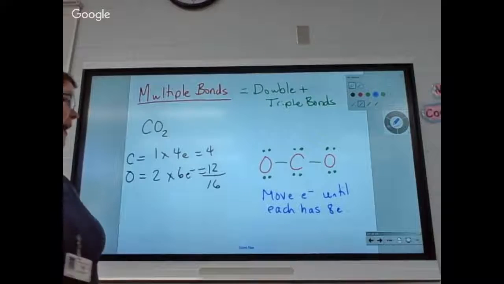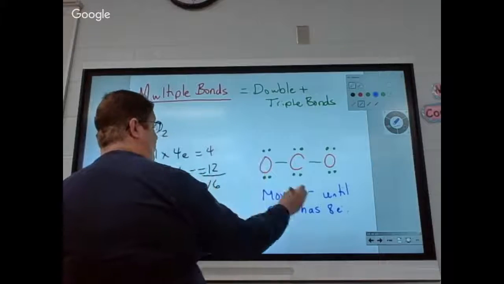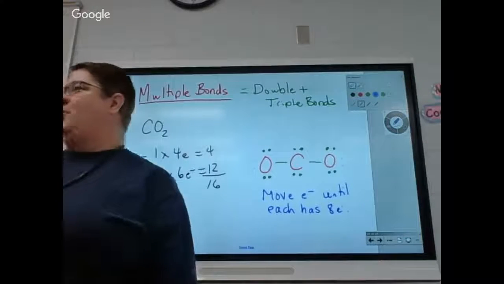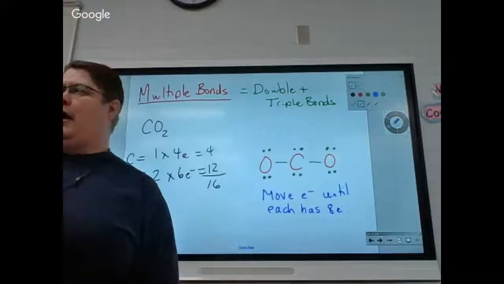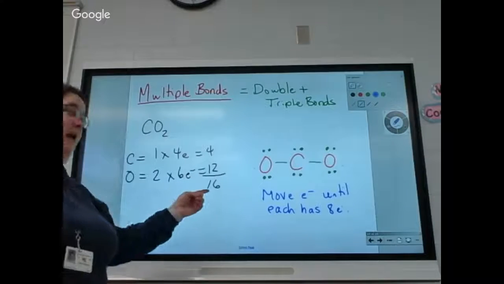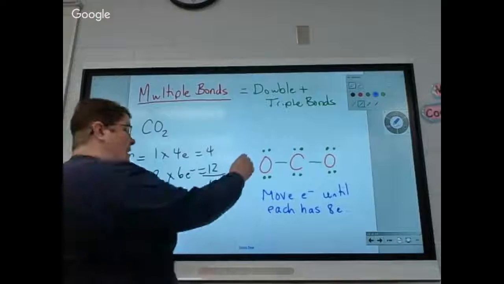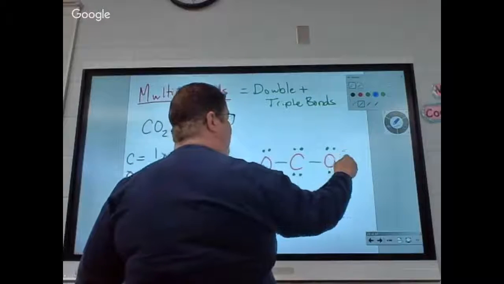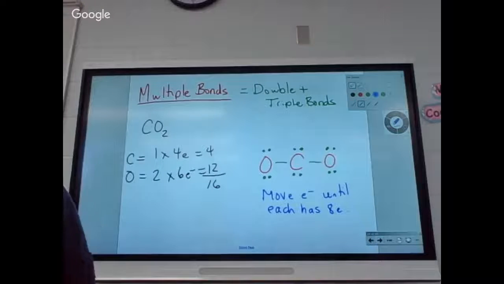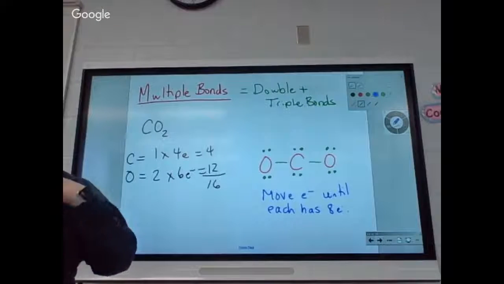If I could just come in and go wham, wham, that would be so much easier. But now I have how many electrons in my diagram? I have 20, and I'm only allowed how many? 16. So I can't just draw in 4 extra electrons. Well, I can, but I'm going to mark it wrong every time you do it. So I have to rearrange the ones I have.